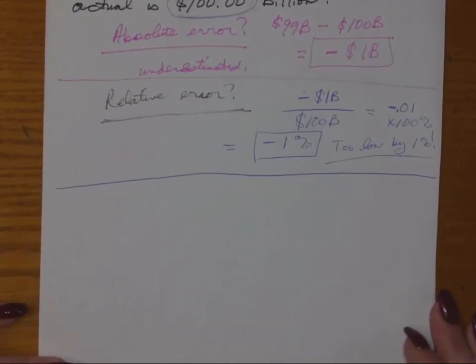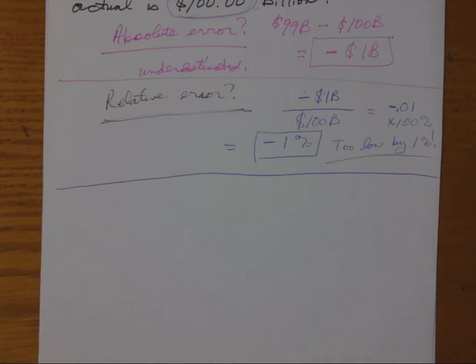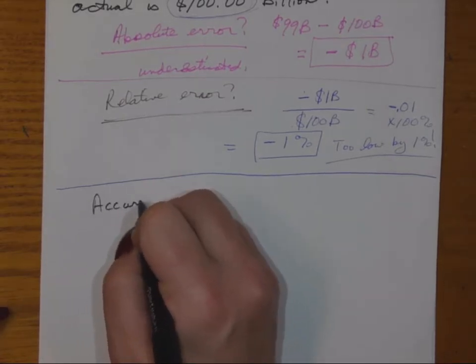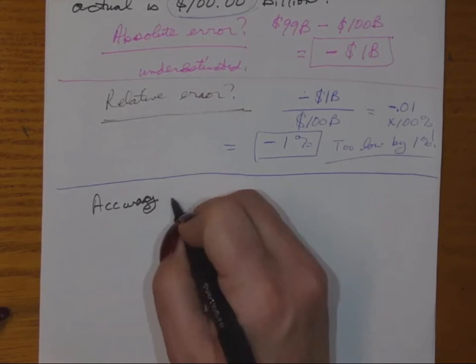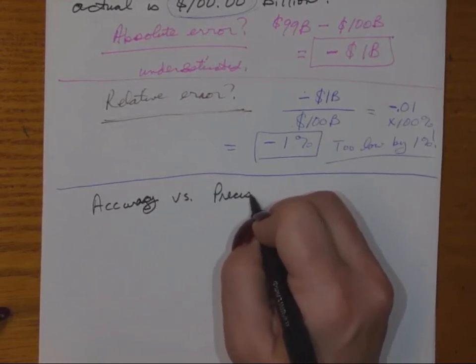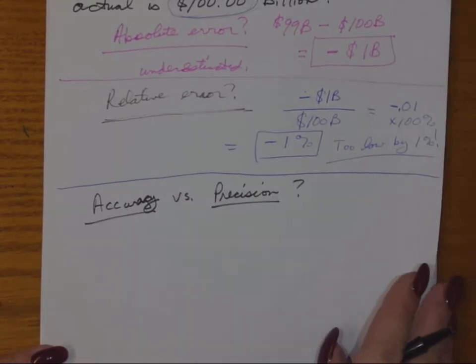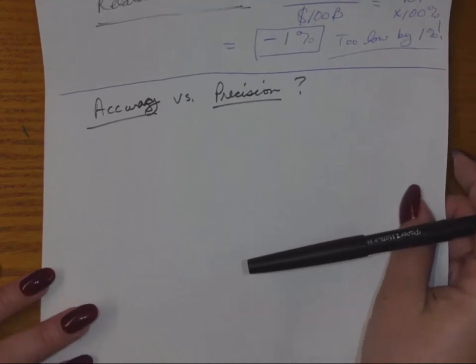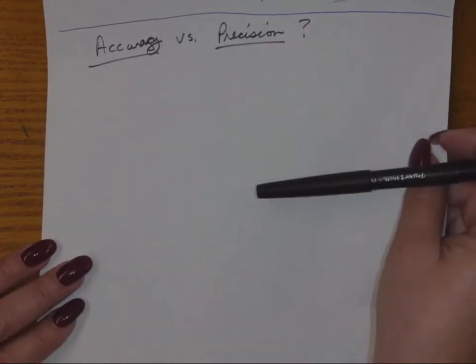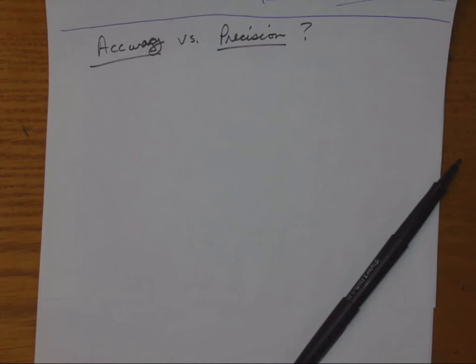Okay, so one more thing that we're going to want to know about as we're looking at some of the homework questions and dealing with them is what's the difference between accuracy and precision? Accuracy versus precision. In the English language, we use these words pretty interchangeably, and I do it myself, and you have to watch out for that. So accuracy and precision are not exactly the same thing.